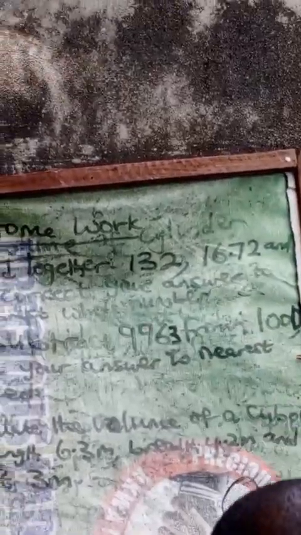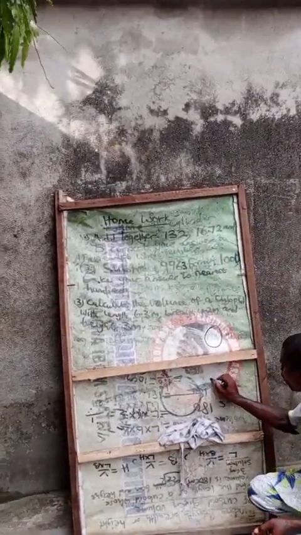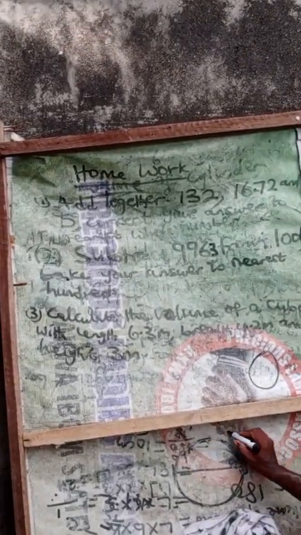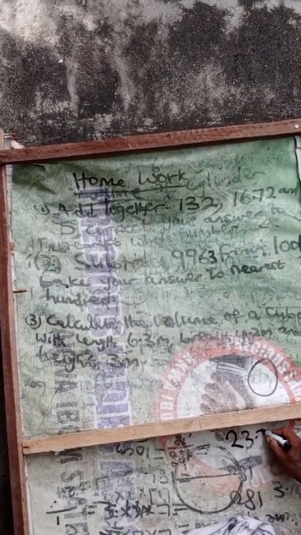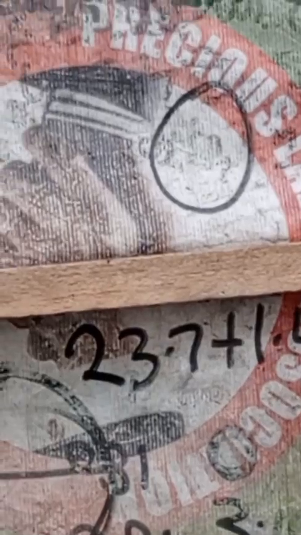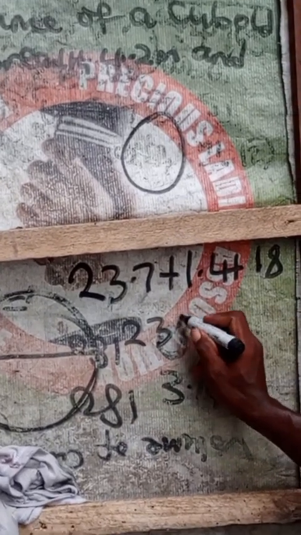Let me show you something. Maybe I'm asked 23.7 plus 1.4 plus 18. And here I want to arrange and add. This will be 23.7.